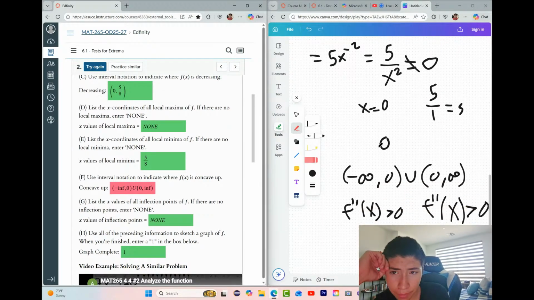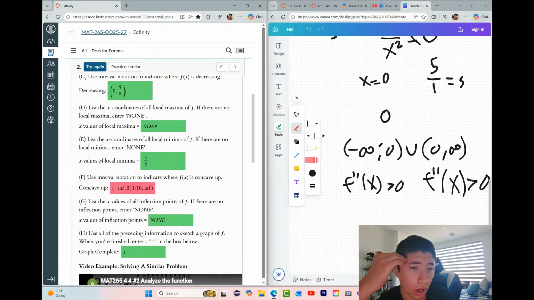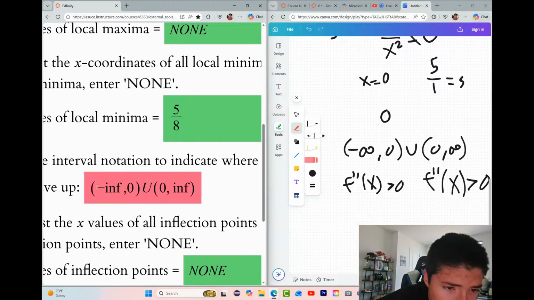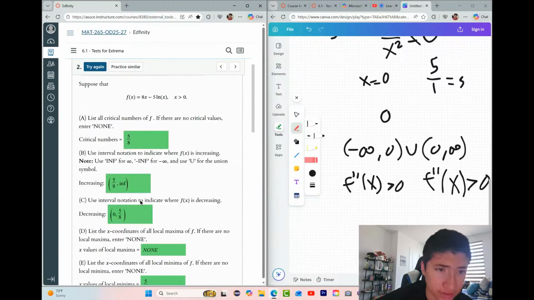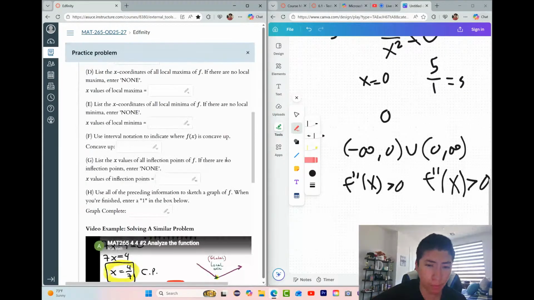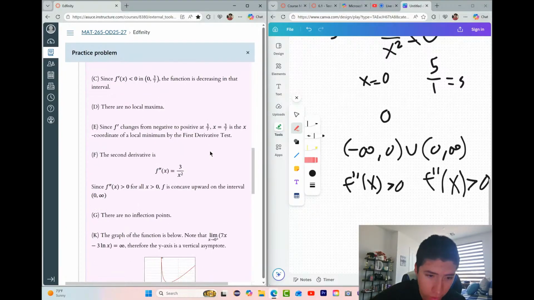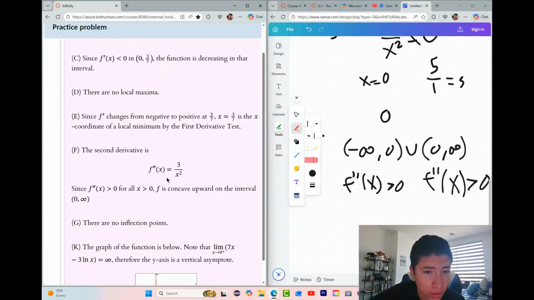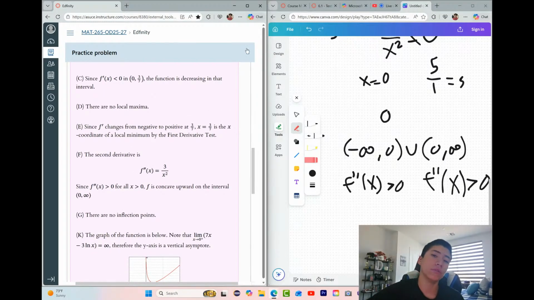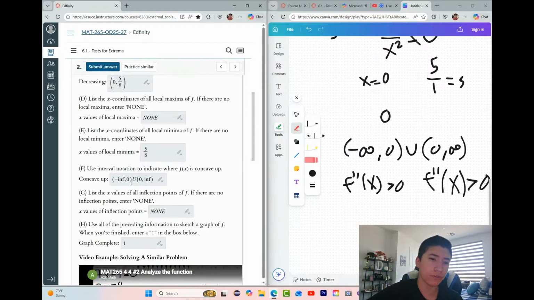We always get something positive, so we will always get something concave up. Okay, hold on, what does it read here? That seems correct. If we put the show solution, oh, it's not going to, oh yeah, it is. Oh, okay, I forgot, we're only considering from 0 all the way to infinity.